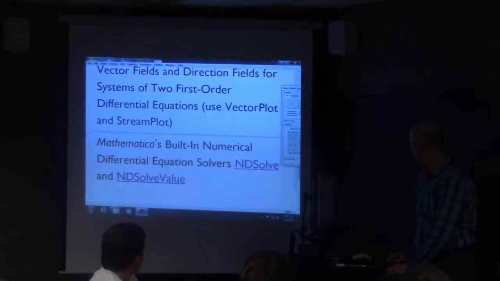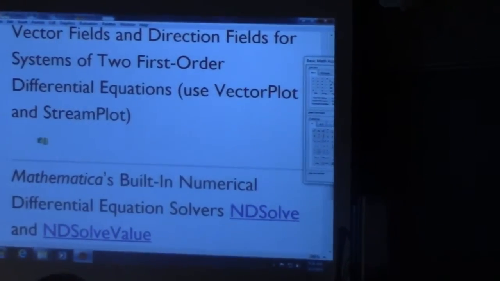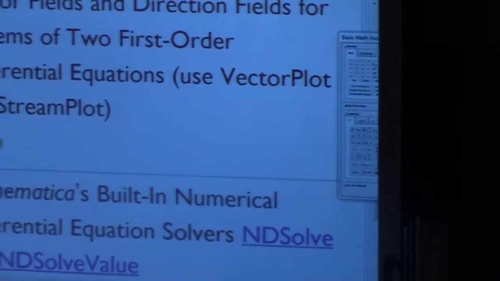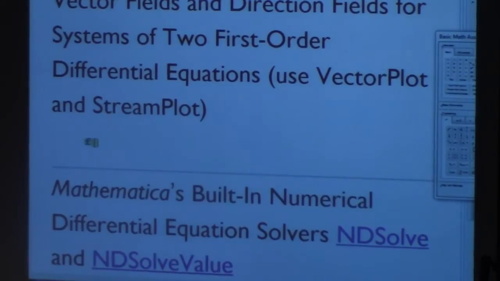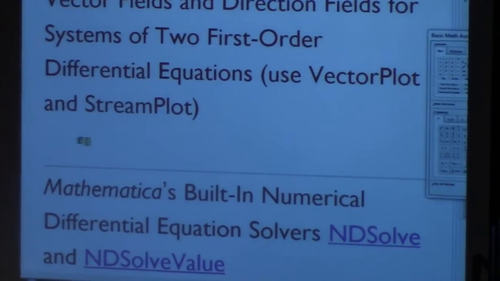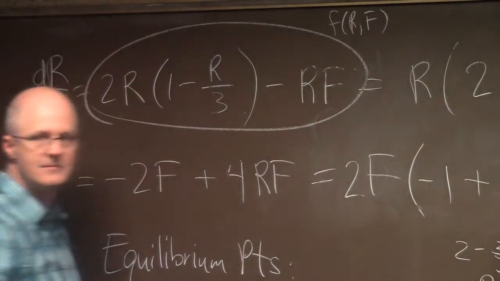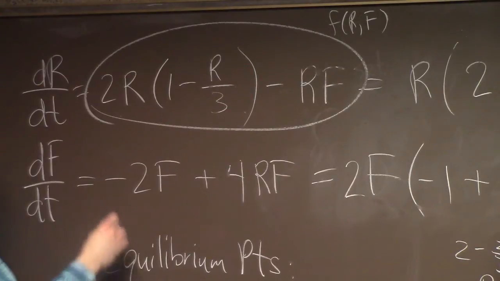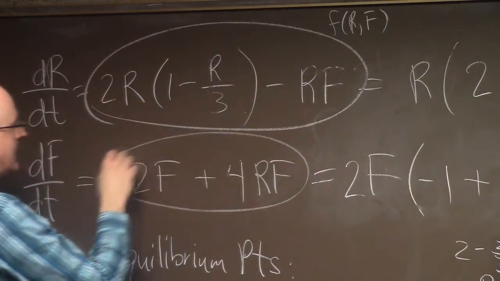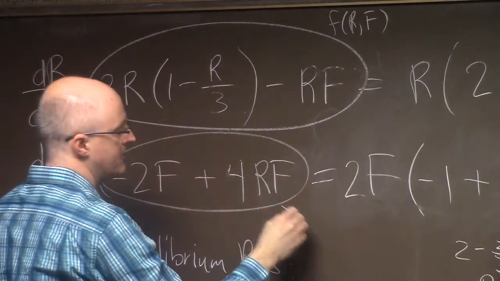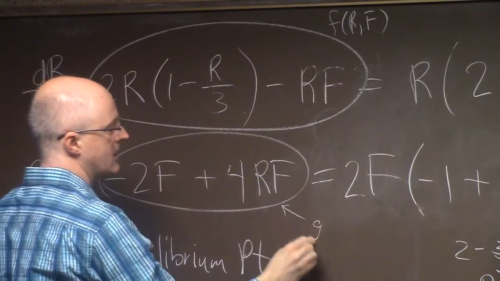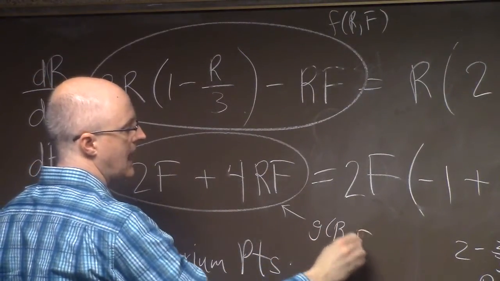And let's go ahead and plug in defined functions that are going to represent the right-hand sides of these equations. So I'm going to call this f of capital R, capital F. Little f is the function. Capital R and capital F are going to be the inputs for this function. The second expression I'm going to call g of capital R, capital F.